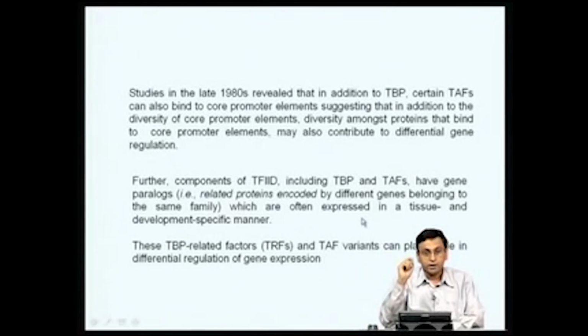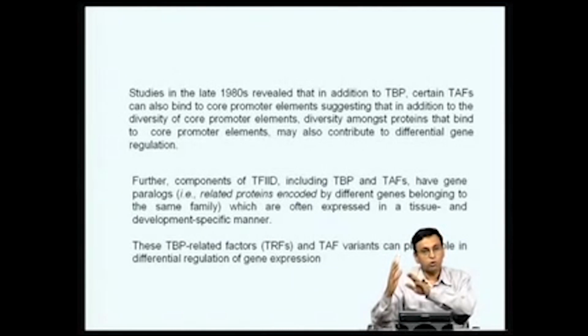What was very interesting is that many of these variants of general transcription factors were found to be expressed in a tissue and development specific manner. This was the first indication that the general transcription factors themselves are differentially expressed in certain cell types, and therefore, they can themselves contribute to differential gene regulation.